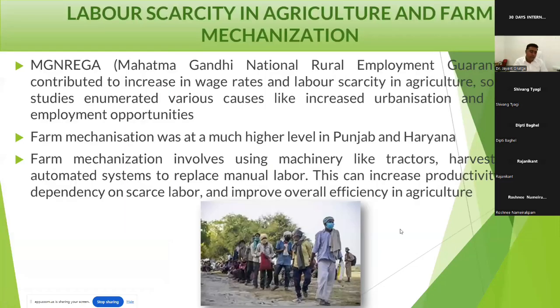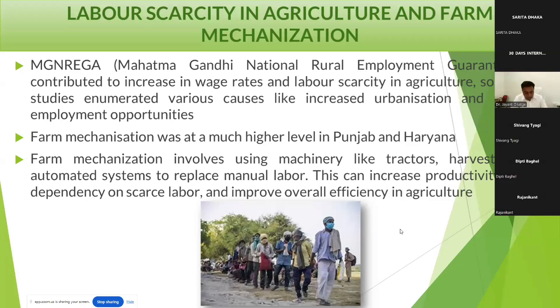Also, the Mahatma Gandhi National Rural Employment Guarantee Act has contributed to labor shortages by providing alternative employment opportunities to agriculture laborers. Farm mechanization is at a much higher level in states like Punjab and Haryana, so there this problem is not that much shown.